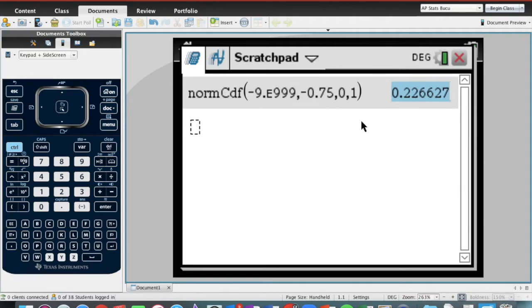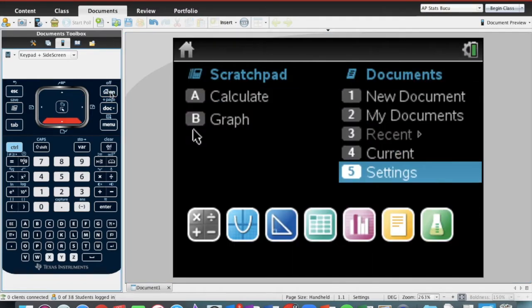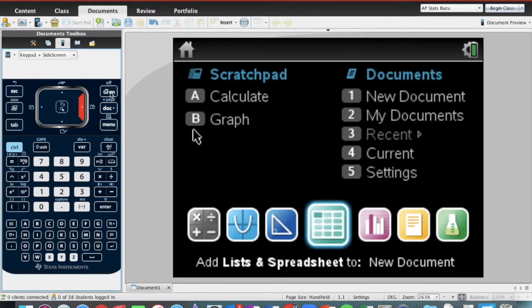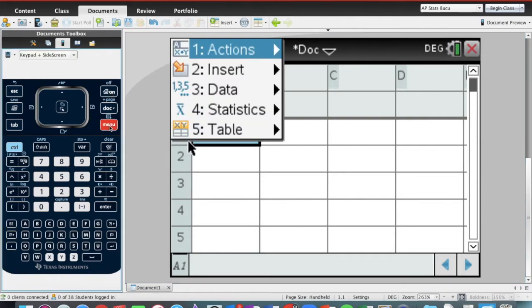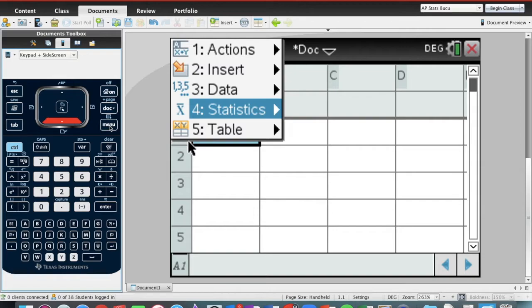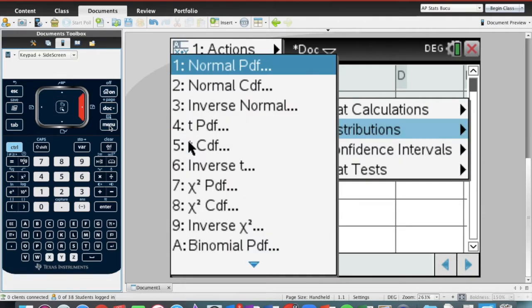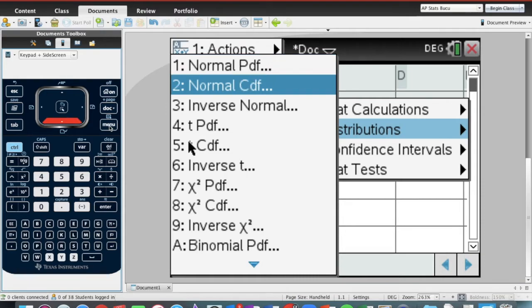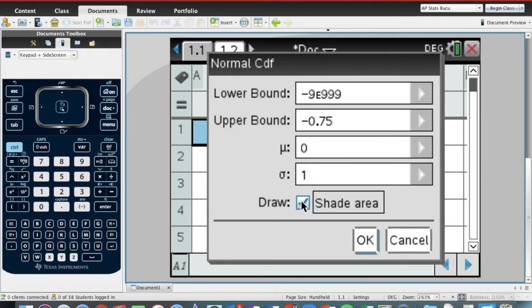Now, we could also graph that distribution here. We would just have to do it within the lists and spreadsheets. Once I'm in here, I could do menu, statistics, distributions, normal CDF, same things as we've done before, and this time I'll include a draw, shade the area.